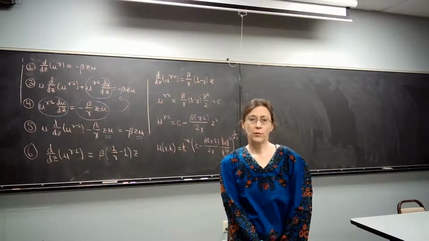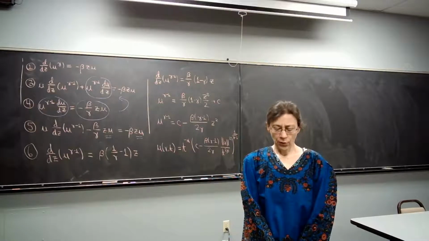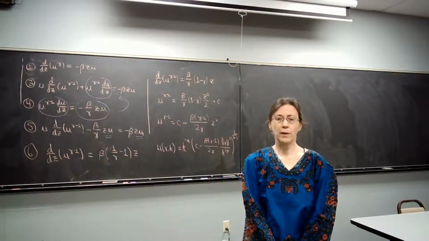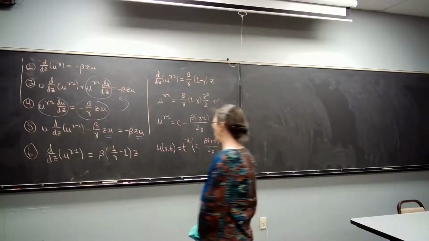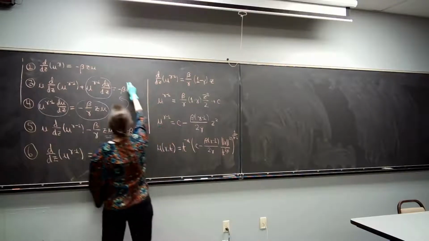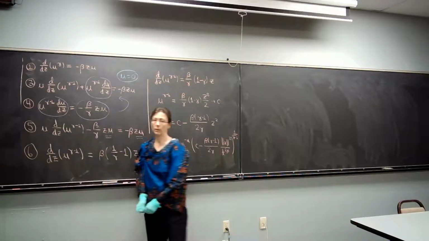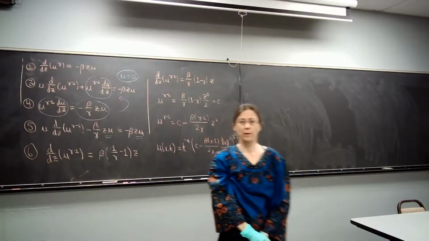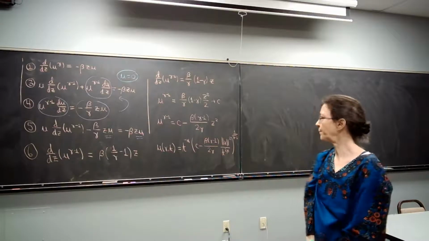It doesn't cost you much extra work to just check quickly. If u is identically equal to 0, does that solve the equation? Yes, it does. And again, it's not a big point, but it is a nonlinear equation. You can't take it for granted. We checked it. u equals 0 is a solution.